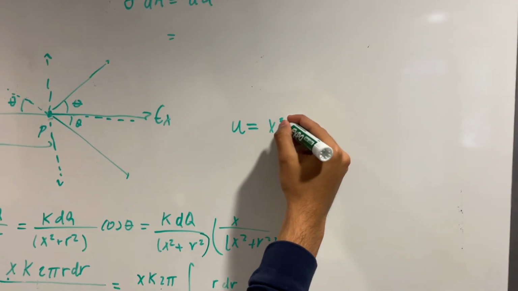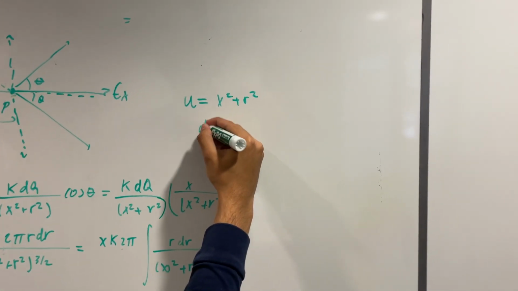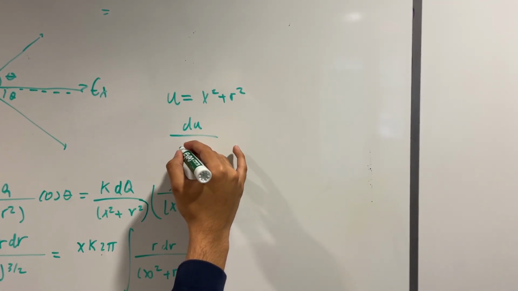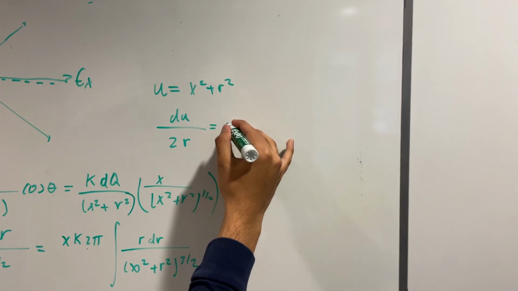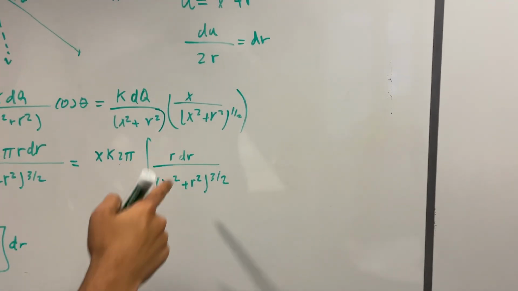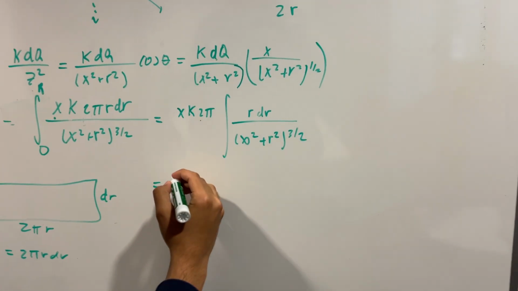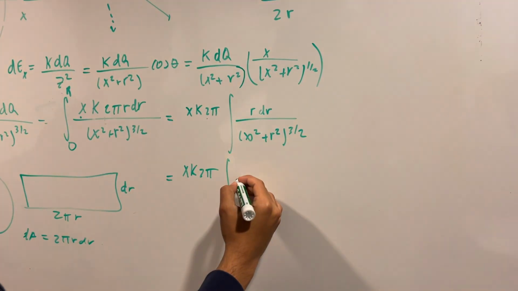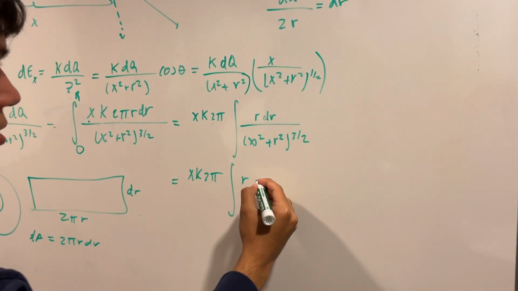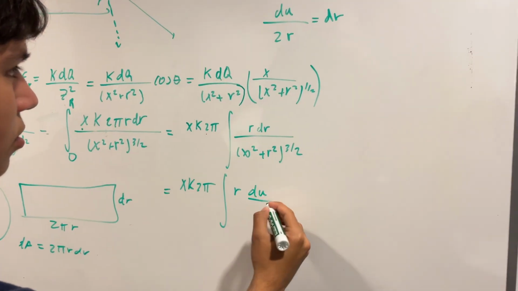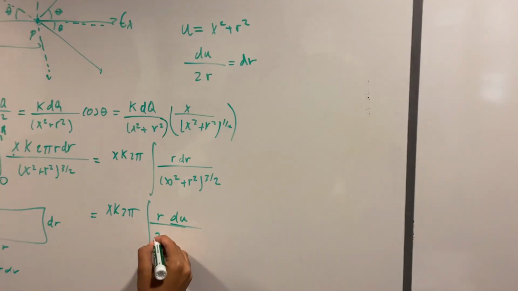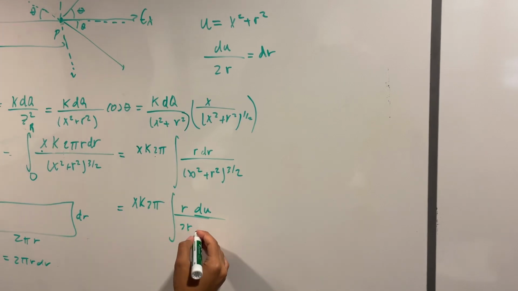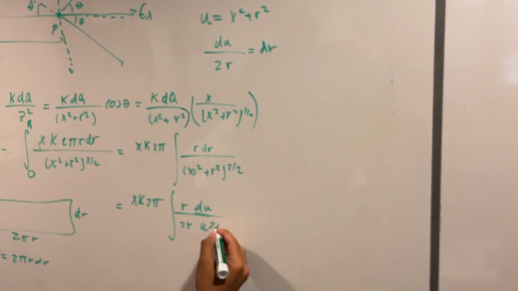We'll let u equal x squared plus r squared, and then du is equal to 2r dr. We substitute that in here, so we get x k 2 pi, r, and dr is du over 2r, and then this is u to the 3/2.